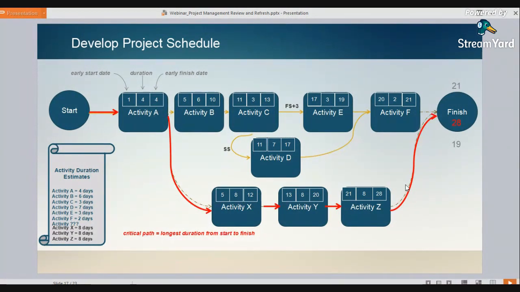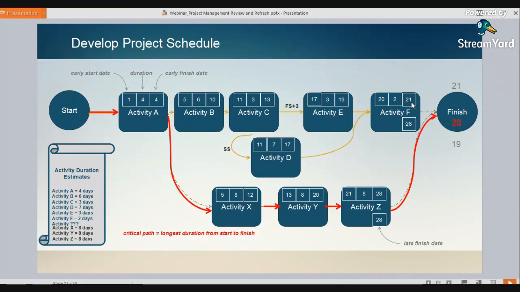Float is very important because that tells you how much flexibility you have in your non-critical path activities. Activity Z must complete on the 28th. We call that our late finish date because that's the latest activity Z can complete and still keep to our overall schedule. Activity F must also complete by the 28th.